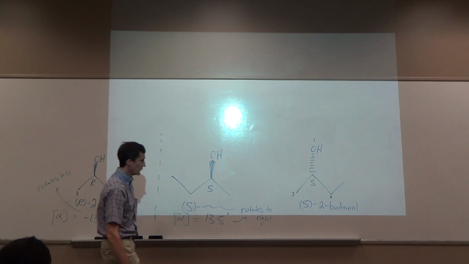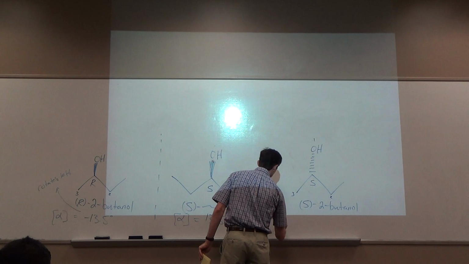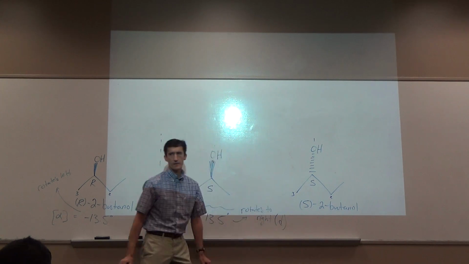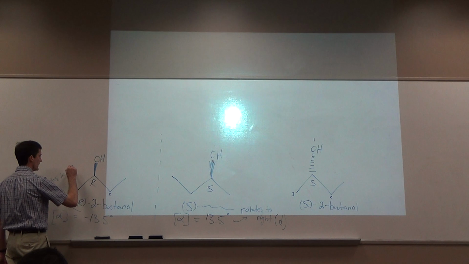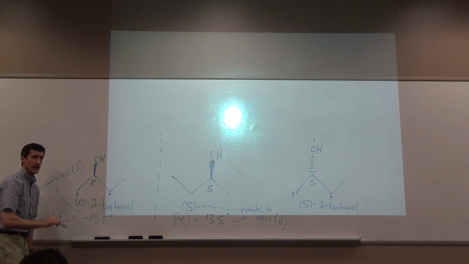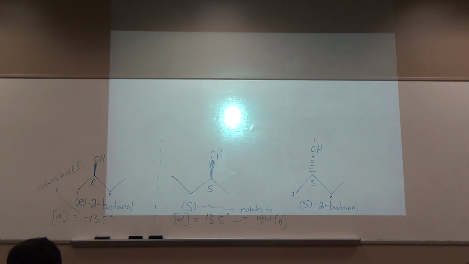Okay, if you rotate to the right, you're called D, which stands for dextrorotatory. If you rotate to the left, what do you call it? L, which is called levorotatory.